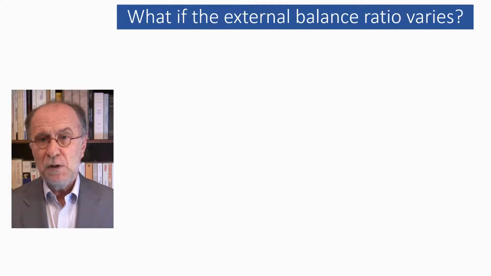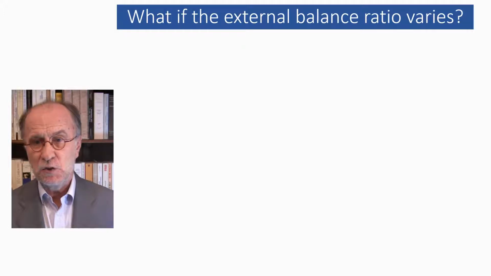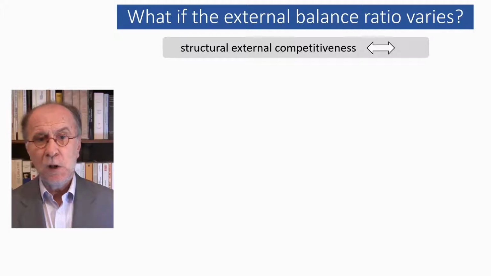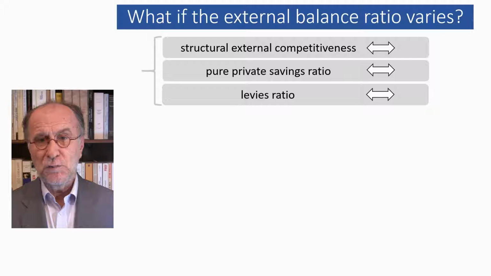But what about the effect that this existing public spending has on the economy's public balance ratio? Well, if the economy's external competitiveness, pure private savings ratio, and public levies remain constant, it all depends on the contribution that public spending makes to economic growth.